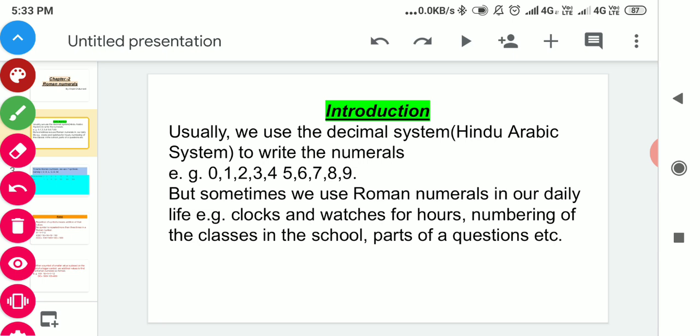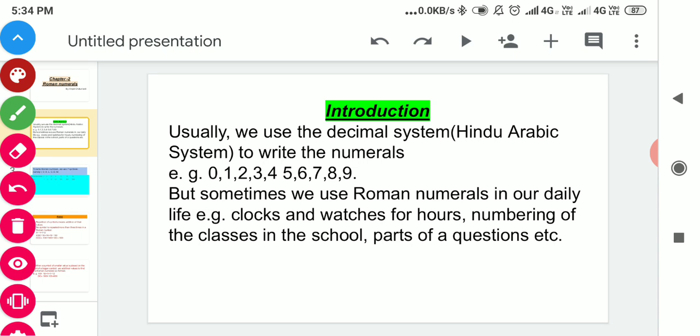Example, clocks and watches for hours, numbering of the classes in the school, parts of a question, etc. That is, in our daily life where we use Roman numerals, you can see in clocks and watches for denoting hours it is given.